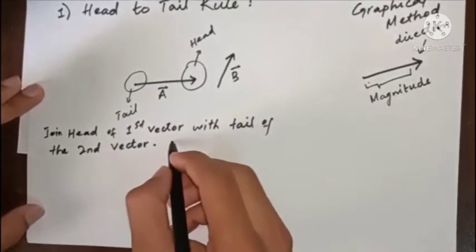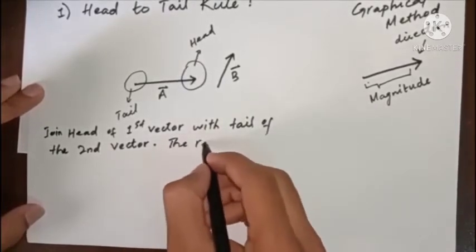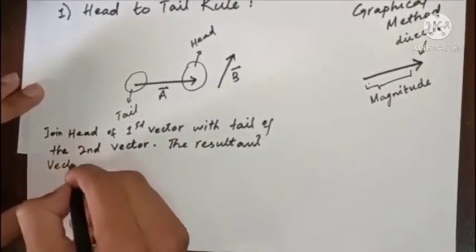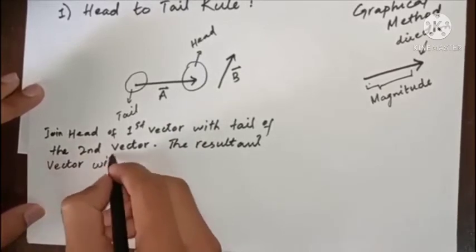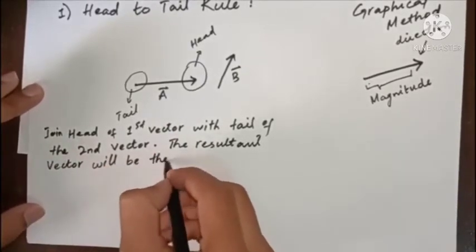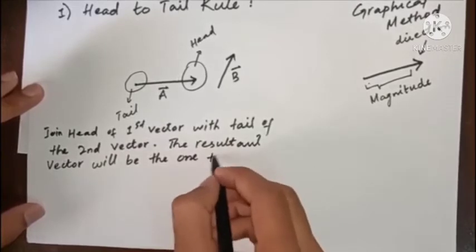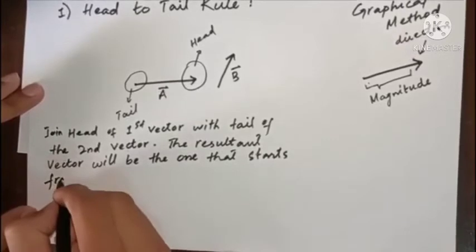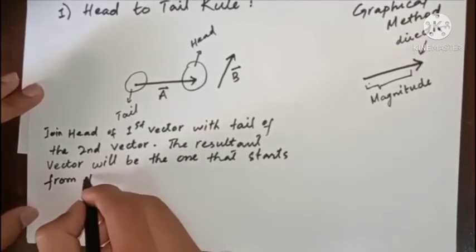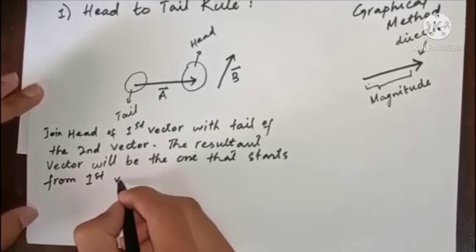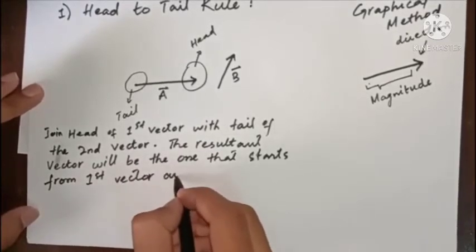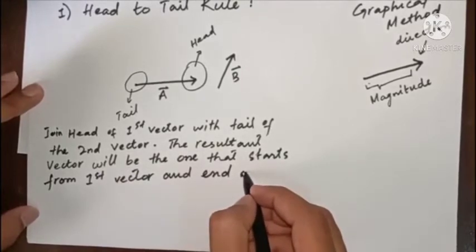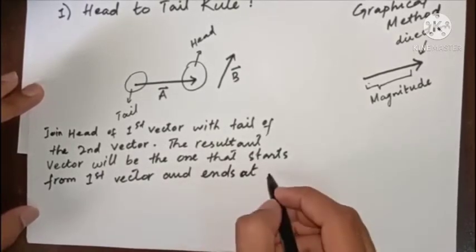And the resultant vector will be the one that starts from the first vector and ends at the second vector.